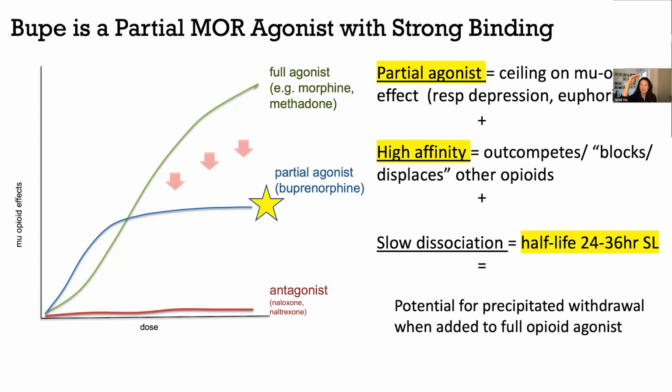And if you add buprenorphine to the system, the buprenorphine is going to displace what's there and then exert its effect, which is going to be a notch lower. And this transition, this delta, this total reduction in opioid effect is going to feel like withdrawal.